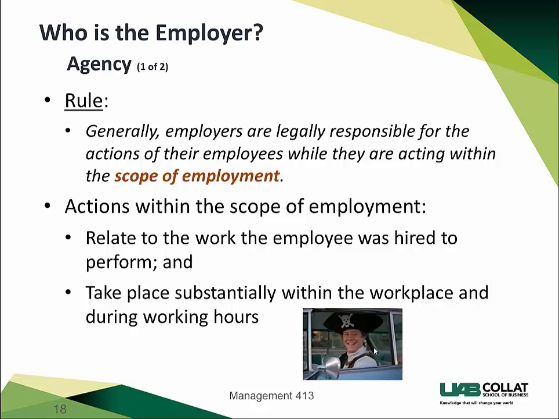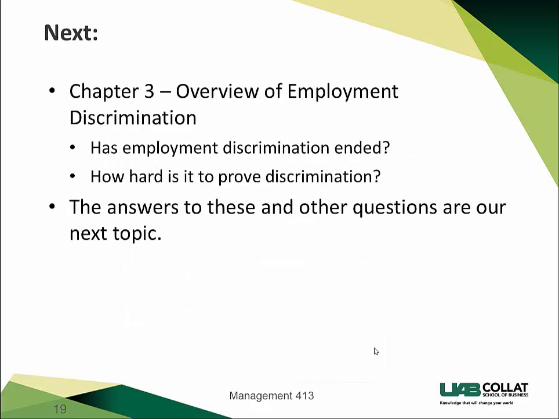You might recall, particularly if you took legal studies 246 from me, the movie Fast Times at Ridgemont High, in which the character you can see here was leaving work at the direction of his boss and delivering fast food. When he decided to throw all the fast food out the window, if he had injured someone, he probably would have created liability for the employer because he was acting within the scope of his employment.